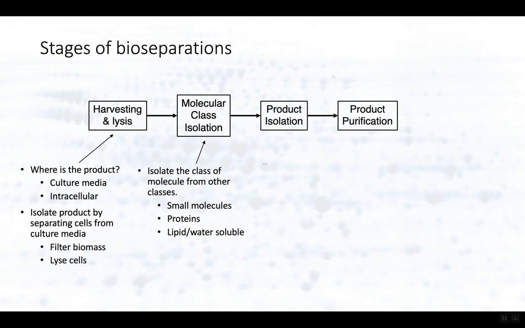It's fairly easy to separate the macromolecules from the small molecules just by some sort of precipitation, so we get rid of a lot of complexity. The idea here is to minimize the complexity as much as possible while retaining most of the product that you're interested in in the mixture.